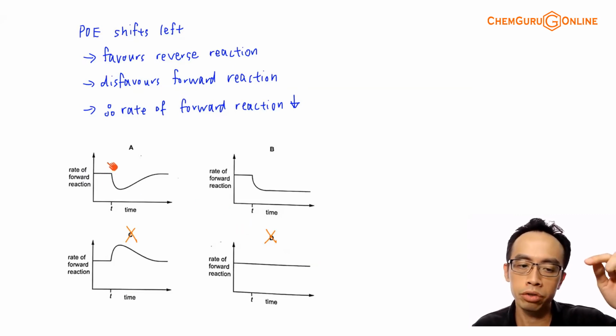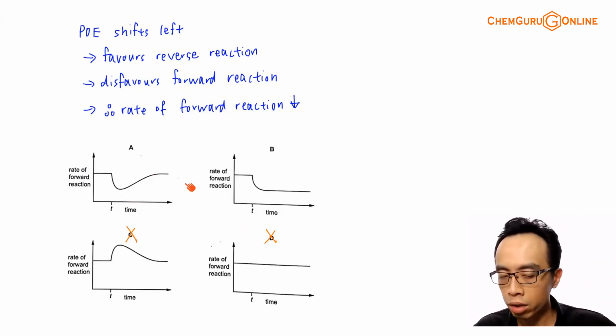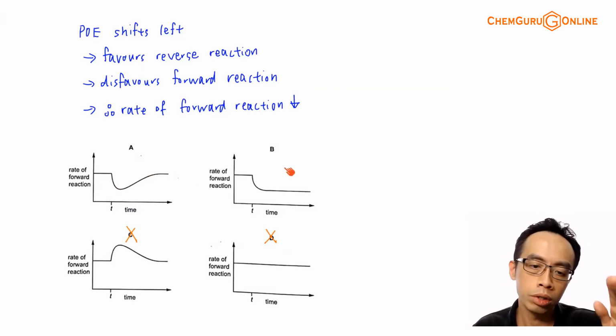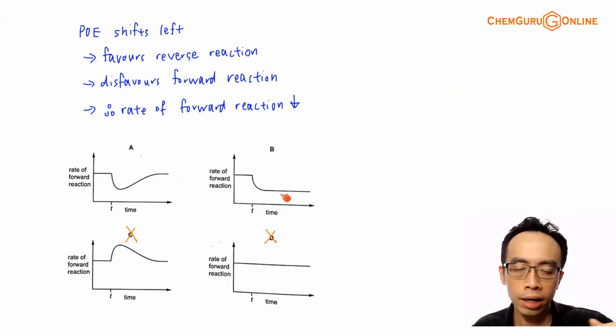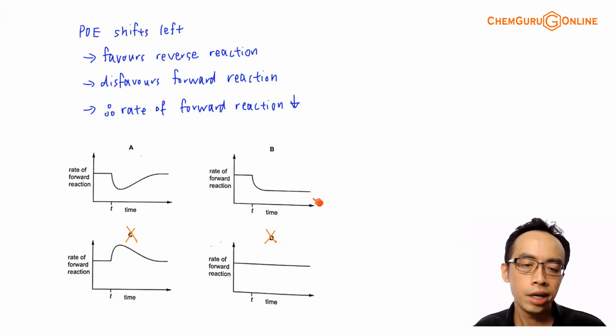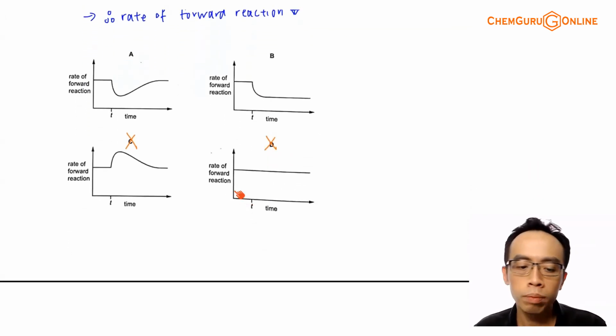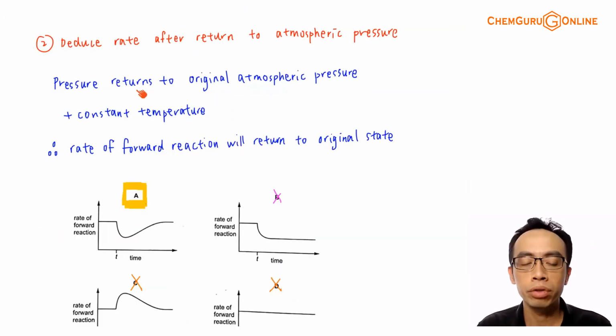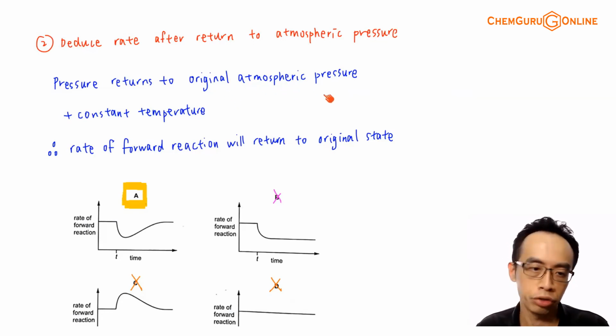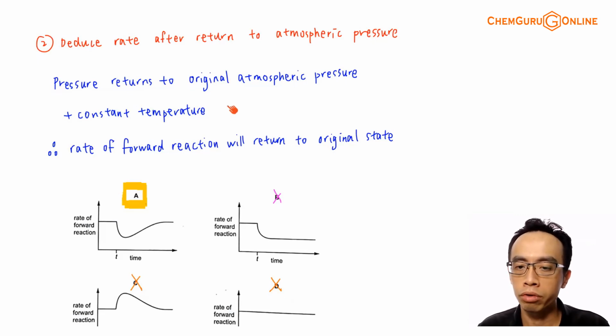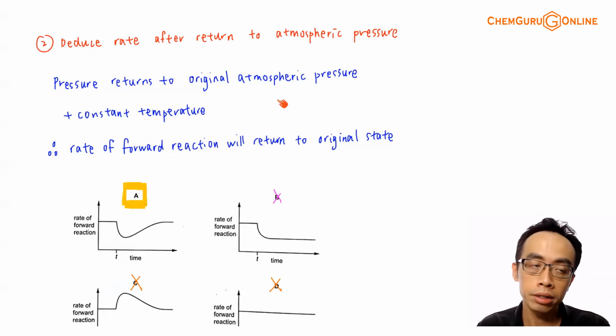Will the rate of the forward reaction decrease and then later go back to the original state, or will the rate of the forward reaction decrease and stay low? Now, we have to look back at the question, because the question mentioned that we are returning the pressure to its original atmospheric pressure at constant temperature. If the pressure goes back to the original pressure, then the conditions will be exactly the same as before.